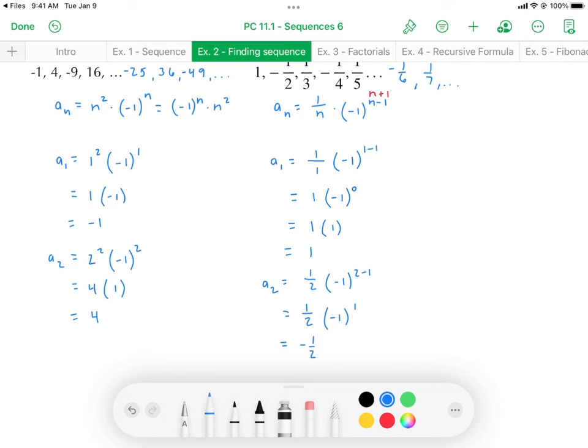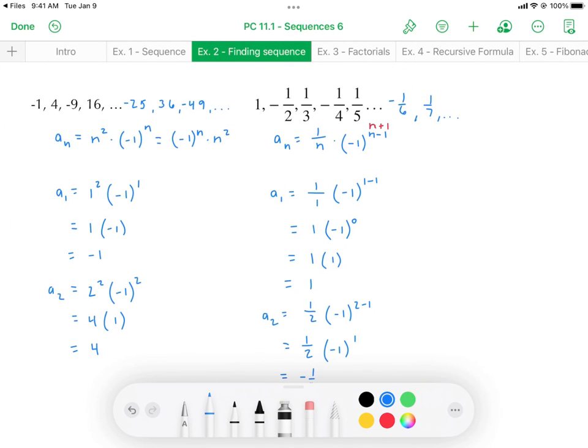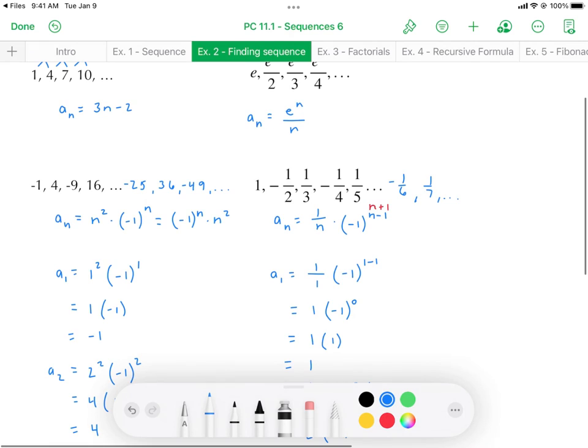All right. So on your Delta Math assignment tonight, there's going to be a few that are like those last two examples there, where every other term switches signs. Delta Math is intuitive. It'll recognize, like if you put n plus 1 or you put n minus 1, it should recognize that both of those are equivalent.